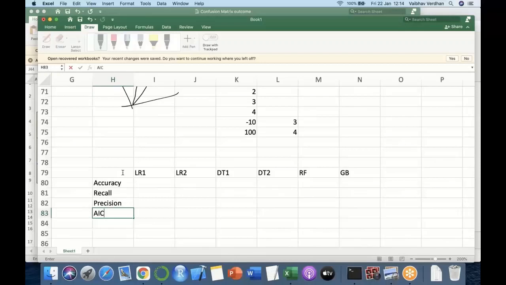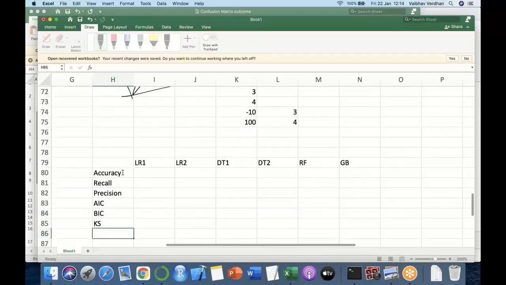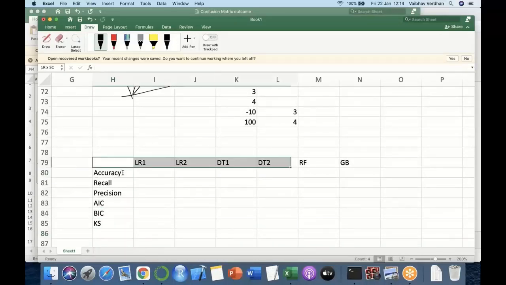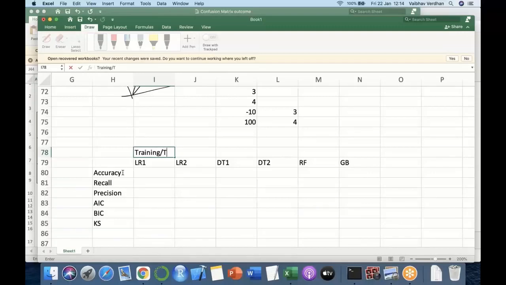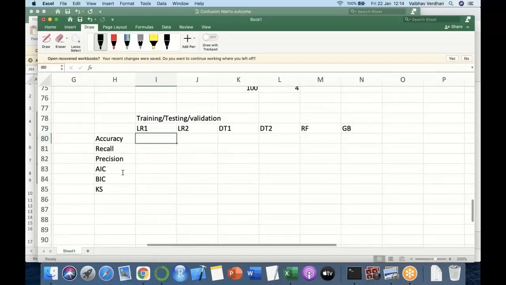Your AIC, your BIC, your K-stats, multiple parameters you can take, and it will be for training, testing, right? Generally, you have a validation data set also, an unseen data set which you have never shown to your model, and it is advisable you take an out of time data set also.